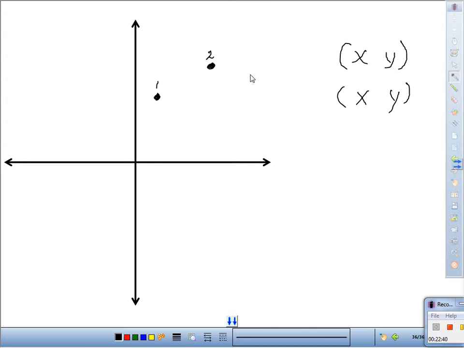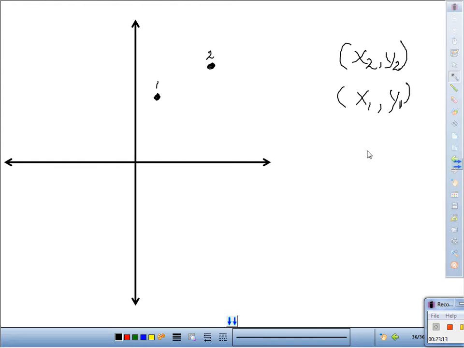So here we go. If this is point 2 and this is point 1, in order to understand which one is which, check this out. Point 2, we label it like this. X sub 2, y sub 2. So therefore, what am I going to label this one? X sub 1, y sub 1.